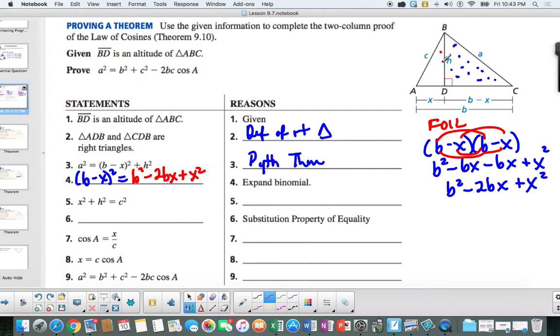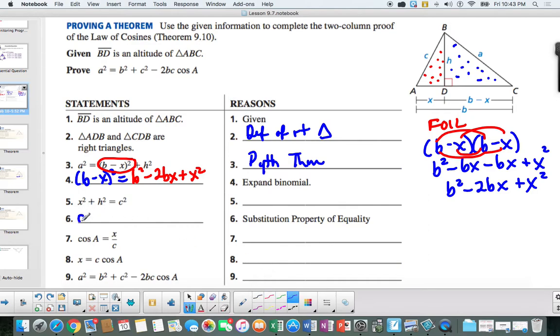And on this triangle, I'm going to use the Pythagorean theorem right over here. And so what we're going to do is take this portion and replace this with that. And so I'm going to get this quantity.